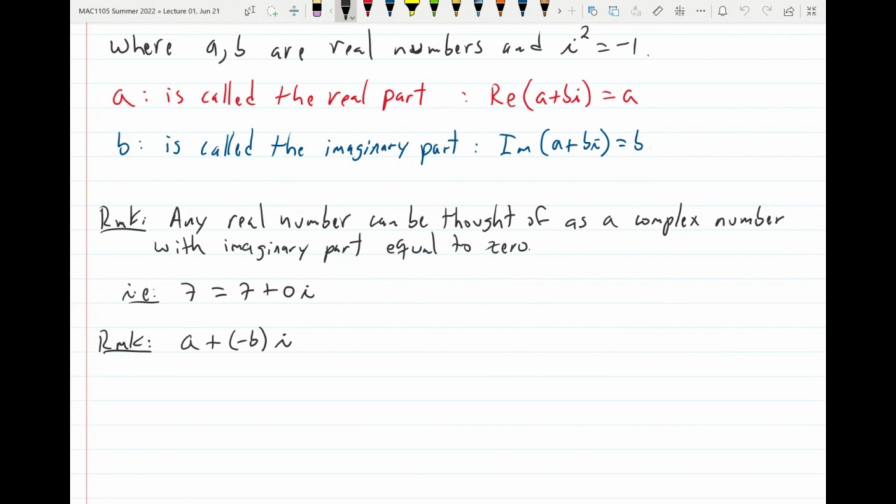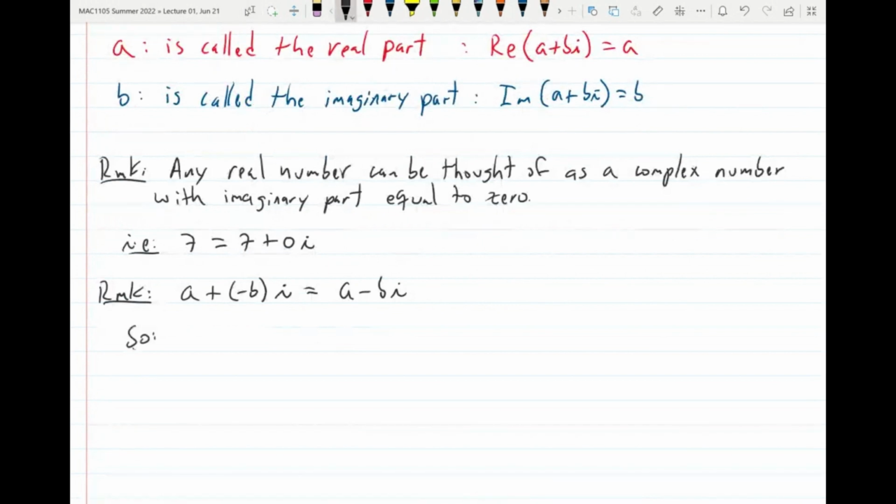But as a shorthand notation, as usual, we will write this as a minus bi. Okay? So what I mean here is if you see 2 minus 3i, what this really means is 2 plus negative 3 times i. It's just that we don't like to be writing this around all the time, so we have this. It's understood that negative 3, including the sign, is the imaginary part. Okay?